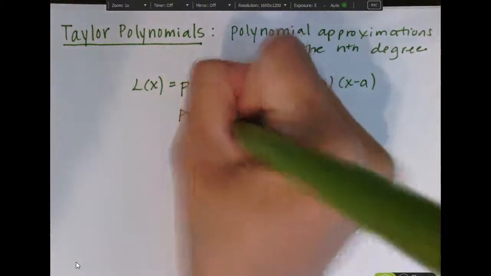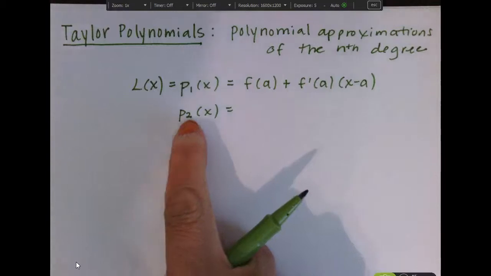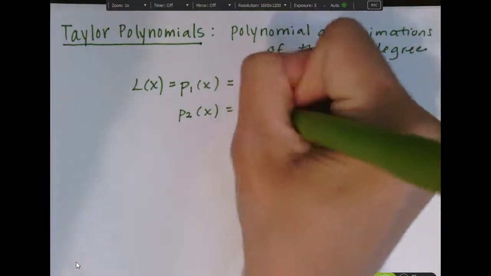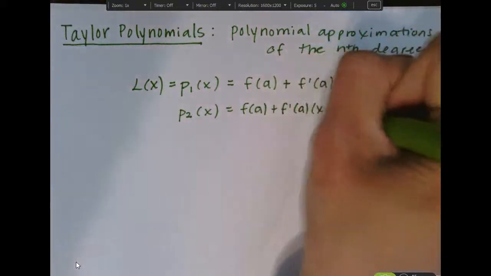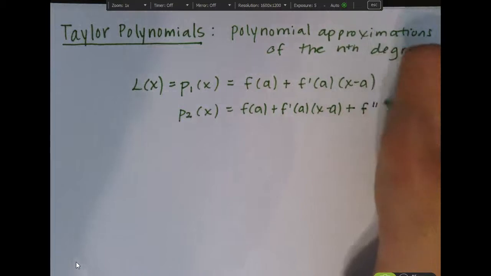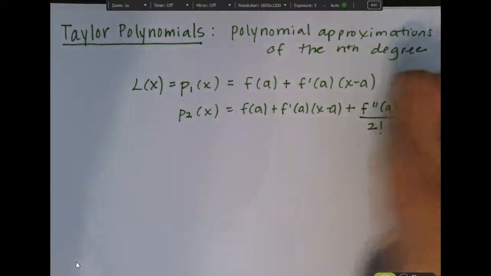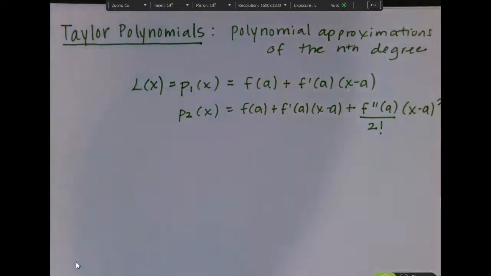Well, it turns out, according to Taylor, that the second degree polynomial approximation can be written as f of a plus f prime of a times x minus a plus f double prime of a divided by 2 factorial times x minus a squared.